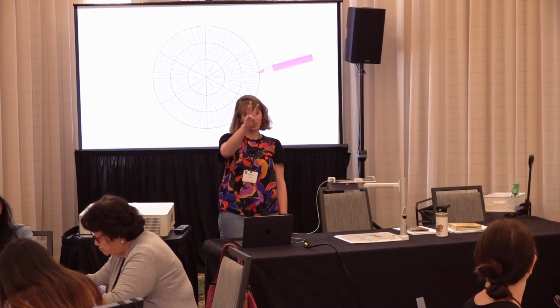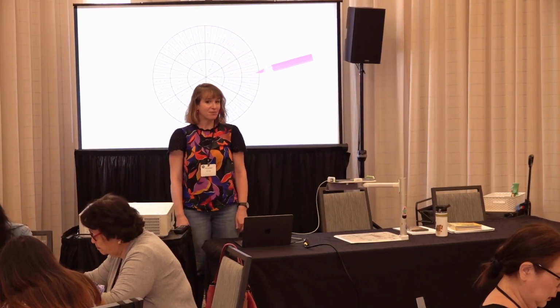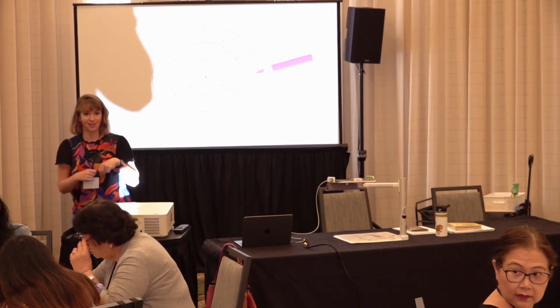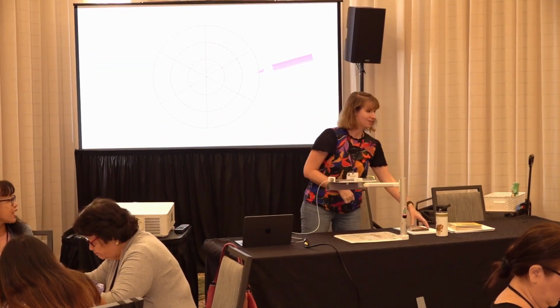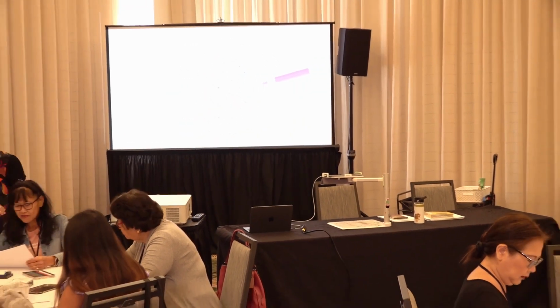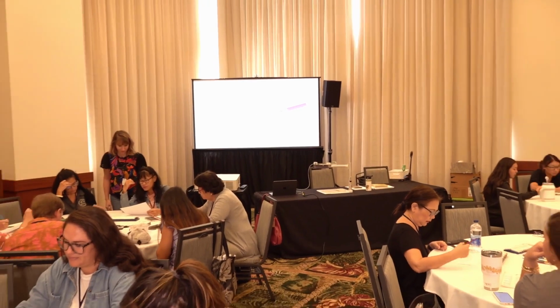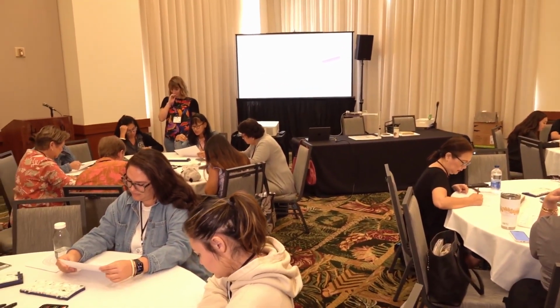So you're coloring in 3 to 5 of them with how you're feeling right now. Yes? Are you talking about 3 to 5 in the entire wheel, or on the outer edge?